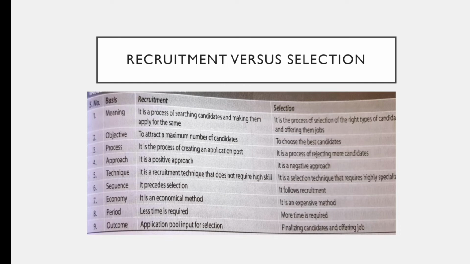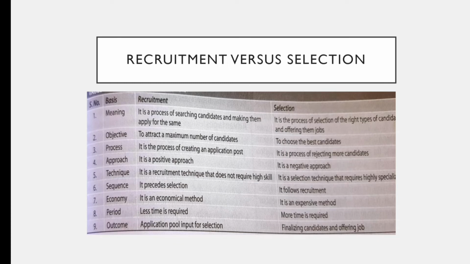Second difference is objectives: to attract a maximum number of candidates under recruitment; under selection, to choose the best candidate. Process: under recruitment, it is creating applications; under selection, rejecting more candidates. Approach: positive approach and negative approach.